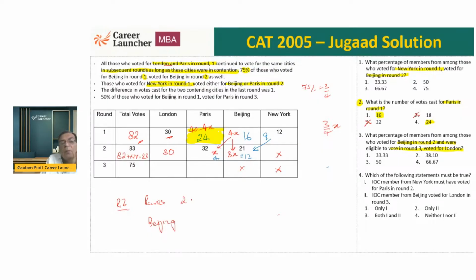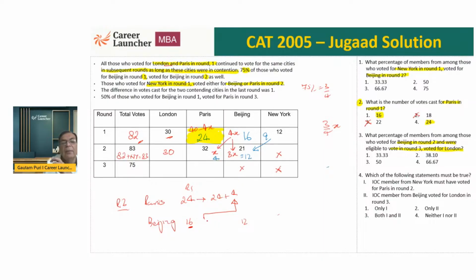Paris in round 1 was 24 and Beijing was 16. Out of these 16, what happened? 12 continued with Beijing, while the 24 continued with Paris, and out of these 16, another 4 decided to go to Paris. So out of these 16, 12 continued with Beijing.